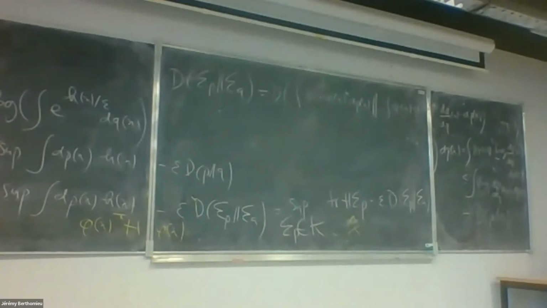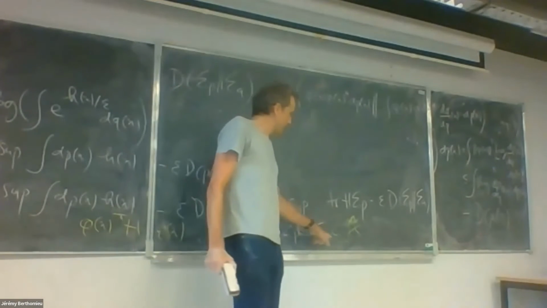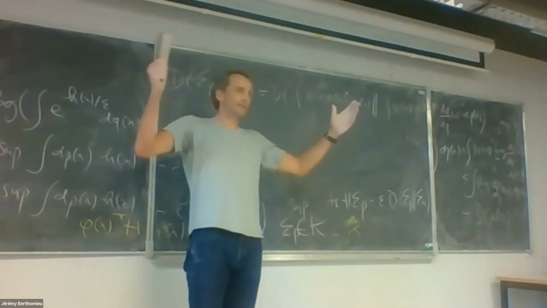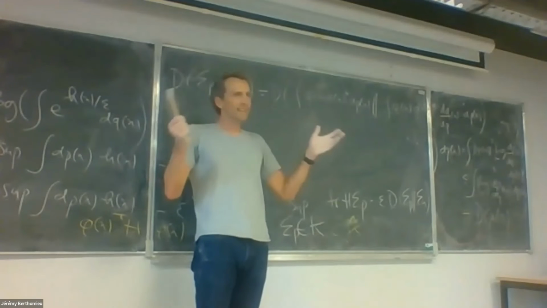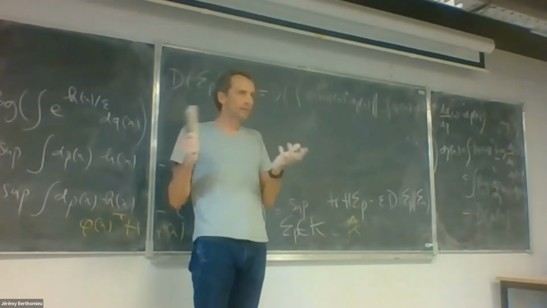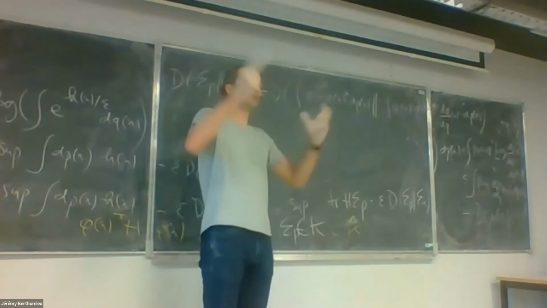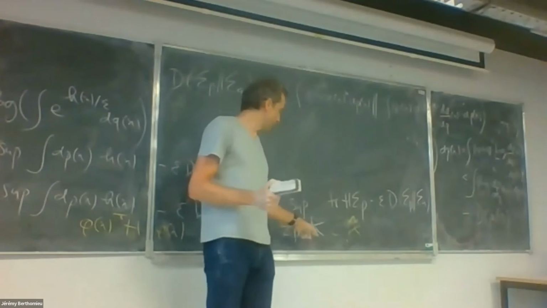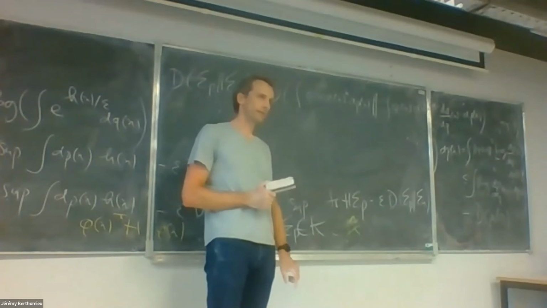For K and K hat, if you add more and more frequencies, the space gets bigger and bigger. I don't know how to frame it, but the value of this problem for K and the value for K hat will converge to each other.